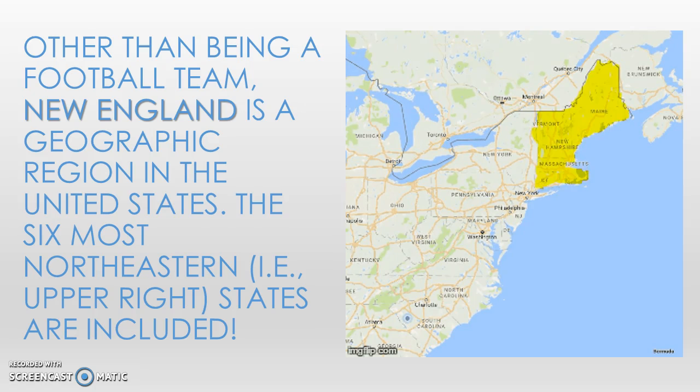The 6 most northeastern states, the upper right-hand corner on your map of the United States, are included in the geographic term of New England. Those states were developed by the British in the northeast of the United States.